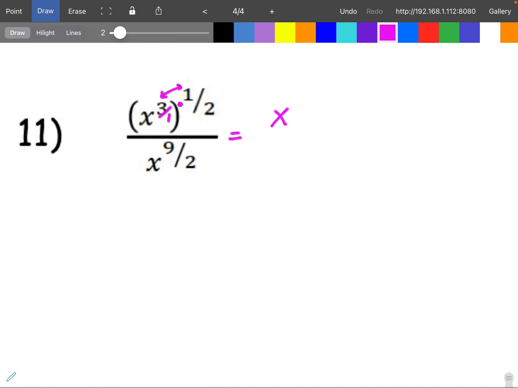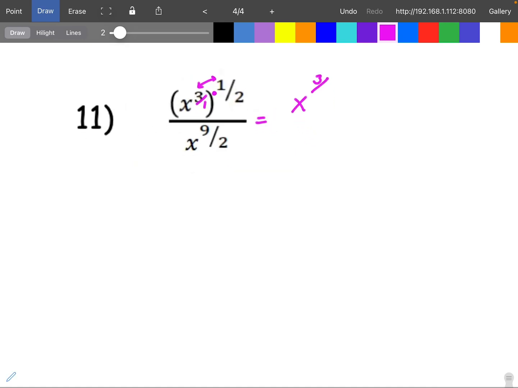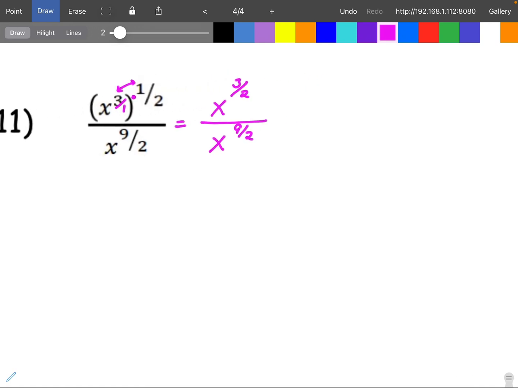So when I multiply those exponents together, because it's a power to a power, I multiply. I'm going to have x to the, well, on top we have 3 times 1, which is 3. On the bottom we have 1 times 2, which is 2. So the top, simplified, is just x to the 3/2 power. Then in the denominator, we have x to the 9/2 power.